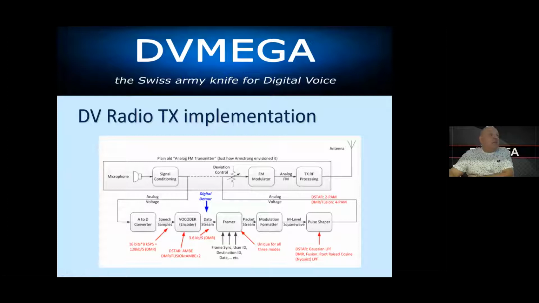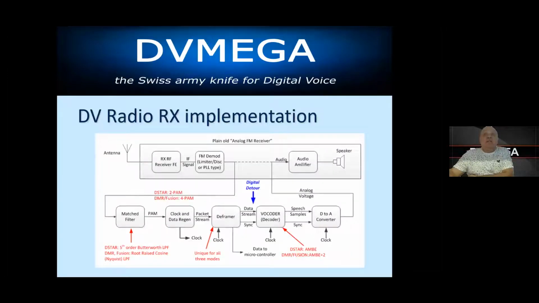Now, the RX side is the same, but the other way around. It's filtered. The only difference from the TX side is that you have a clock and data regenerator, which makes a synchronization system on the received data.